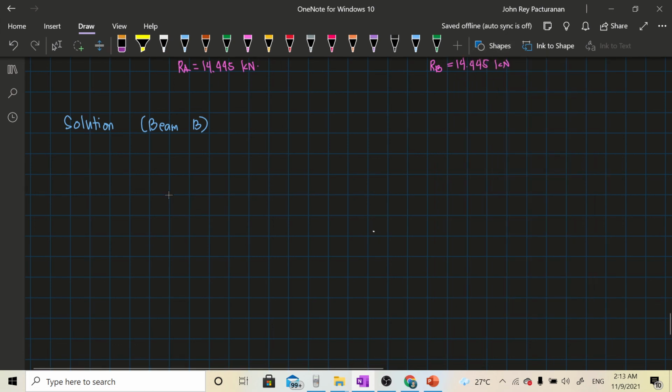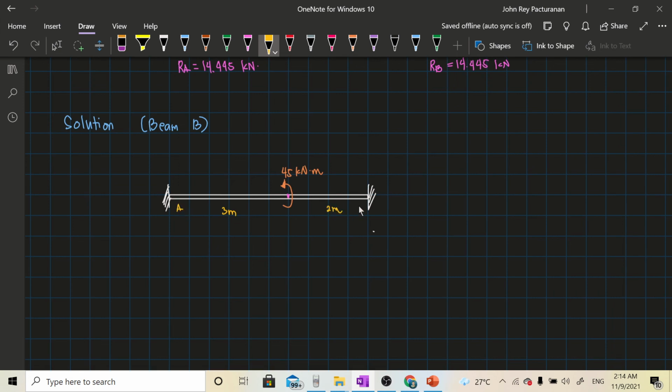Let me sketch again. Tapos, fix dito. Then, lagay natin dito yung concentrated moment na 45 kilonewton meter. So, this is 3 meter, this is 2 meter, this is point A, this is point B.